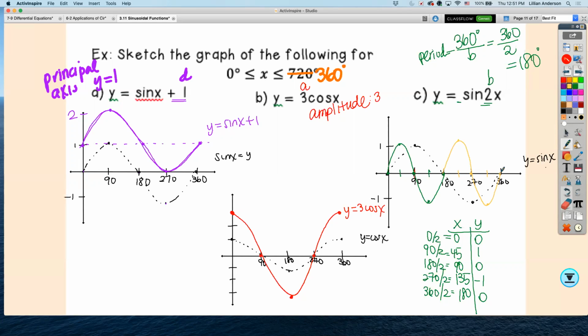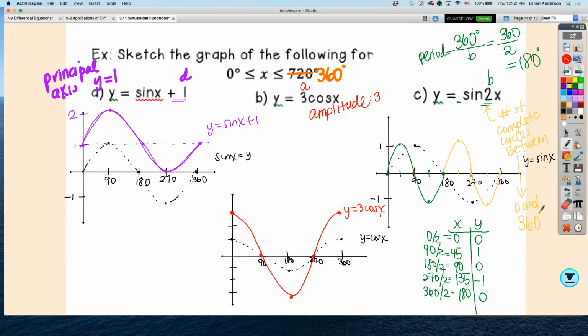One special thing that's actually kind of interesting: B not only is used to find your period by using 360 divided by B, but it also tells you the number of complete cycles between 0 and 360.